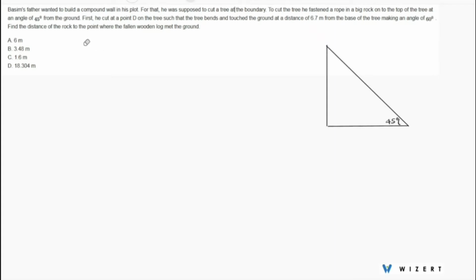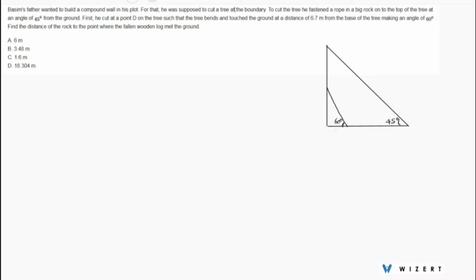Next, it is said that he cut at a point D on the tree such that the tree bends and touched the ground at a distance 6.7 meter from the base. So he must have cut somewhere over here so that this tree has touched the ground 6.7 meter away from the base at 60 degrees.